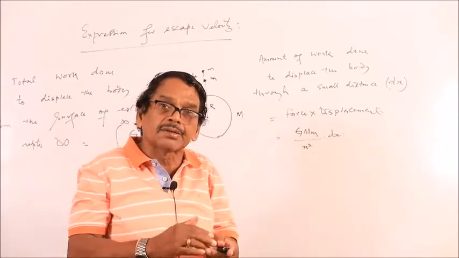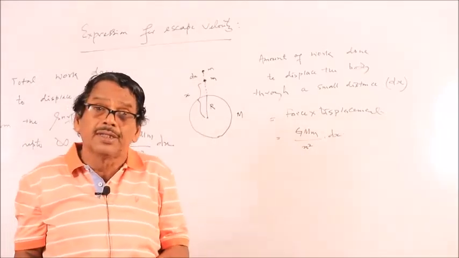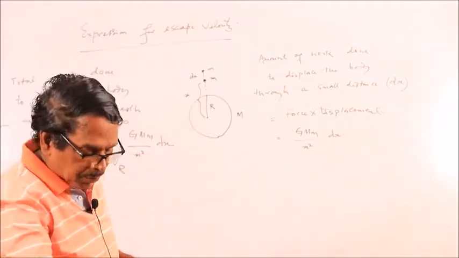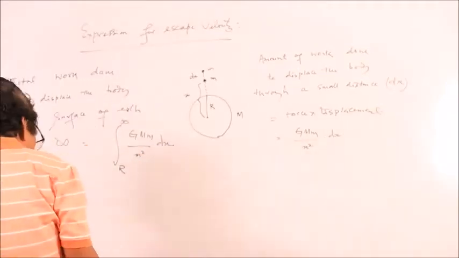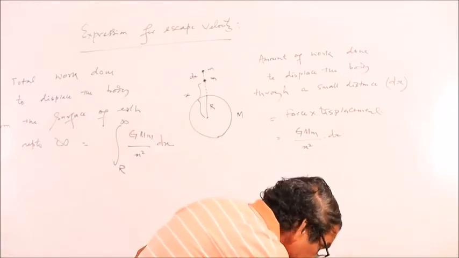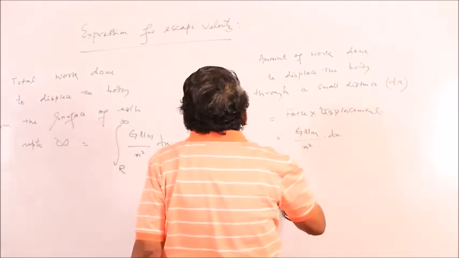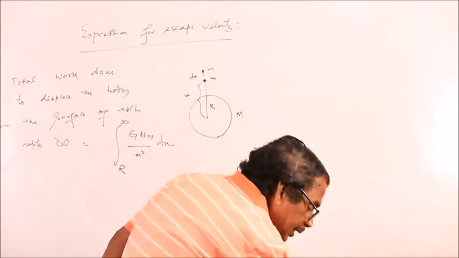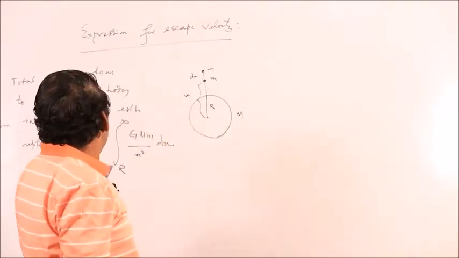If you can send the body up to infinity, then there is no question of coming back of the body. Therefore, the body will escape the earth forever. So, this is the total work done, G M m by x square dx, limits of integration from R to infinity.